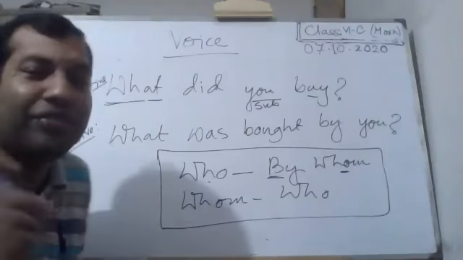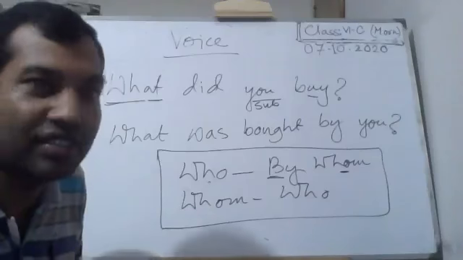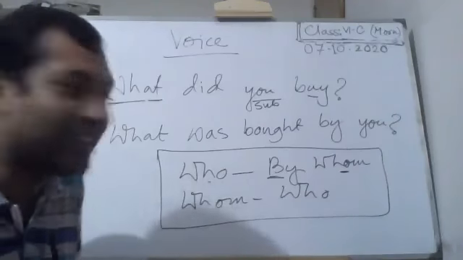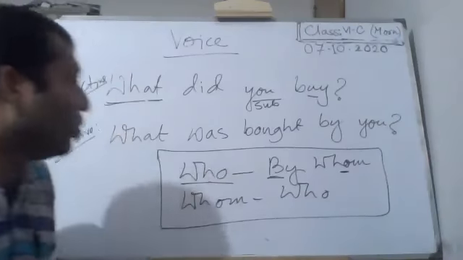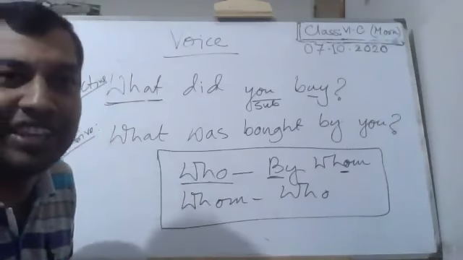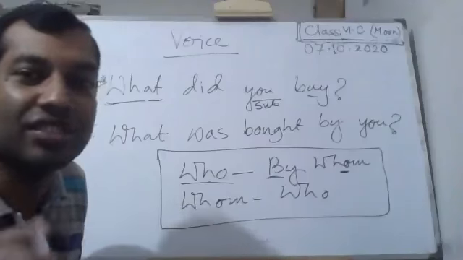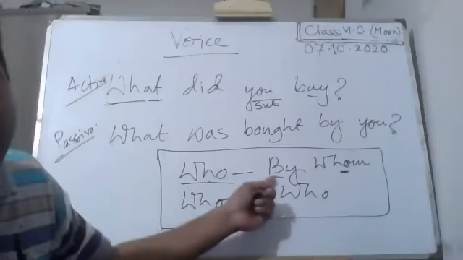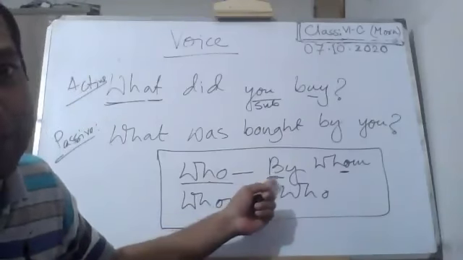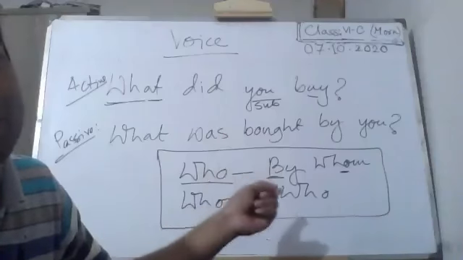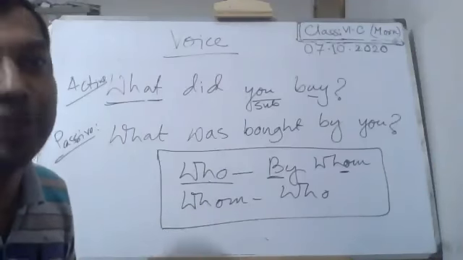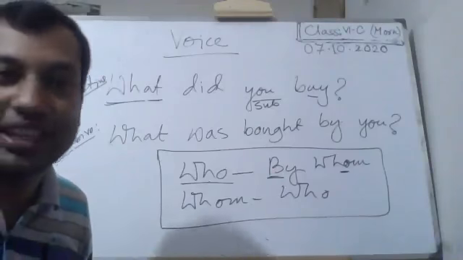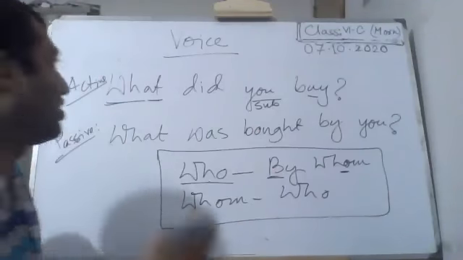Similarly, if any sentence starts with who, but it has such specific verbs, only then by will not be used. You will have to use the specific preposition. And I'm going to tell you the examples so that you can easily understand.